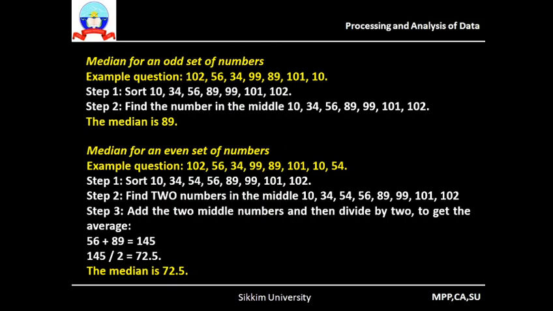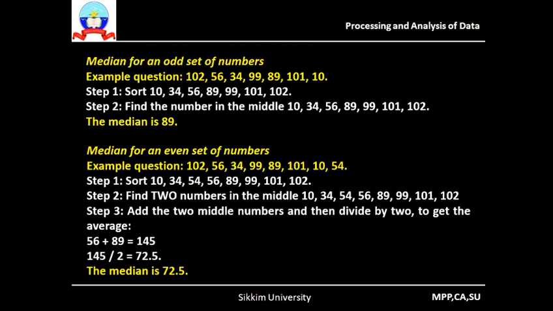Step number 1, we sort the data items and then find the (n plus 1) divided by 2th item. Here it is (7 plus 1) by 2, that is 8 by 2, which gives me 4, so it refers to the 4th data item. The 4th data item is 89. So the median is 89.